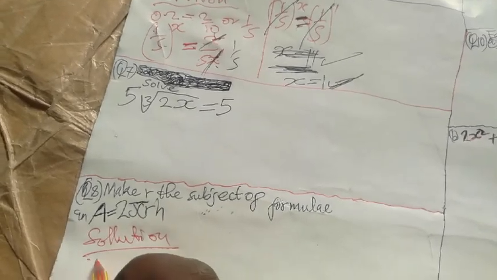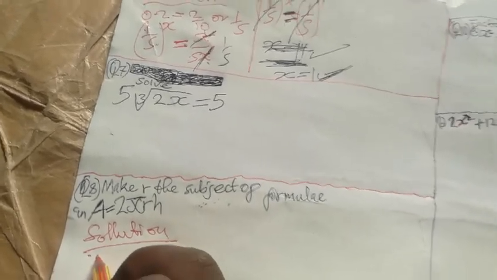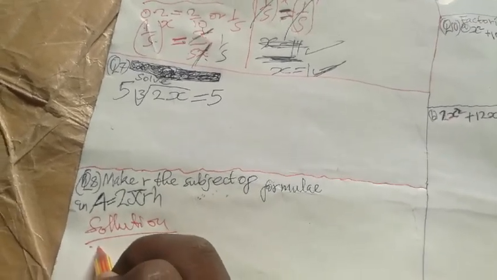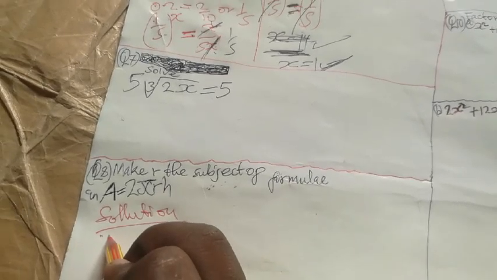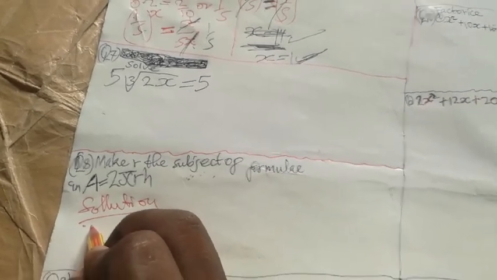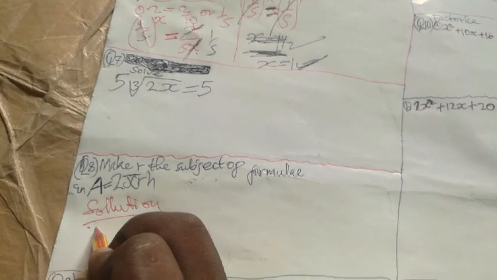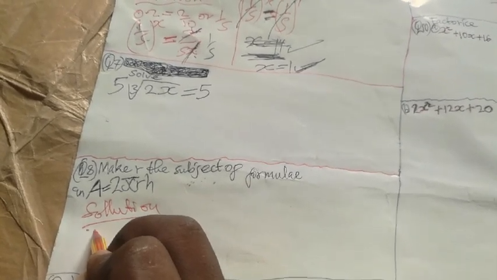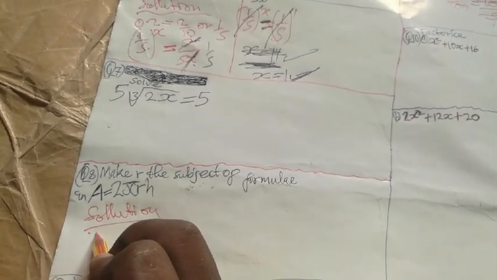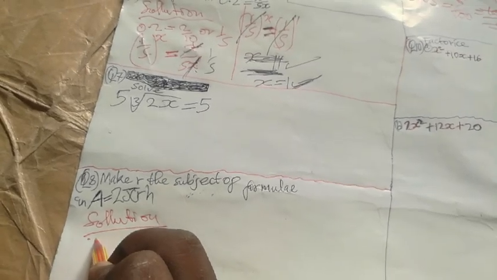Make sure you eliminate anything that is with r on the right hand side of the equation. Divide by the unwanted value on both sides.